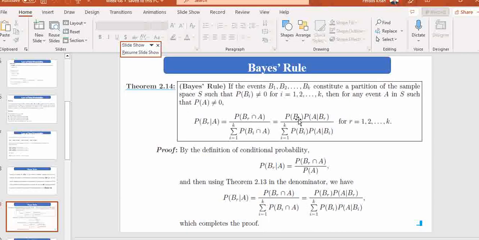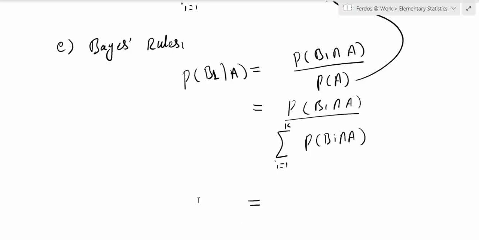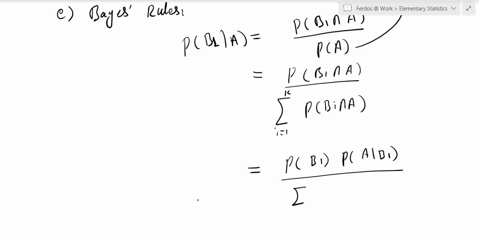That is equal to probability of B1 times probability of A given B1, and the denominator will be the sum, i from 1 to K, of probability of Bi times probability of A given Bi. So this is now the Bayes rule.